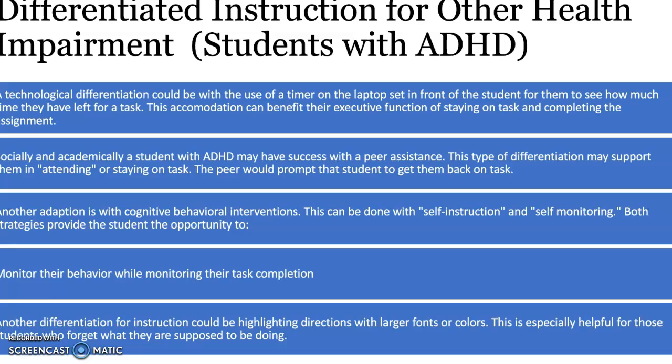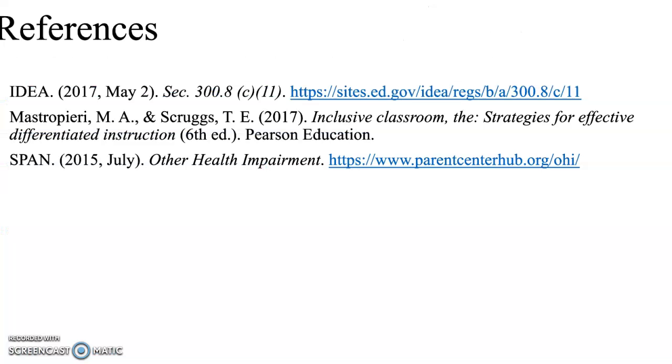But particularly with the student that I have in my classroom, one thing I have noticed is I forgot or I don't understand what we're supposed to be doing. So highlighting those directions, providing it in larger fonts, highlighting it in a different color may also support them in knowing what they're supposed to be doing for that moment.